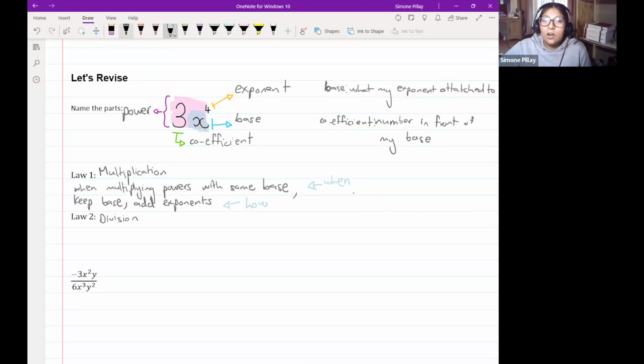And then the law of division, can somebody tell me what that was? Feel free to type it in the chat as well if you know the answer.